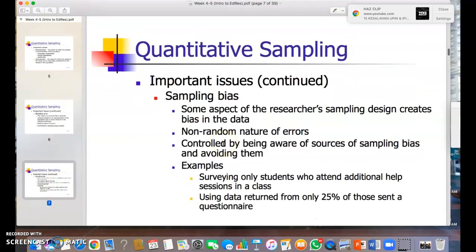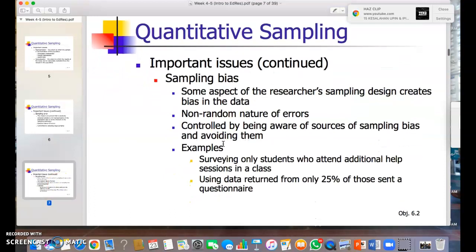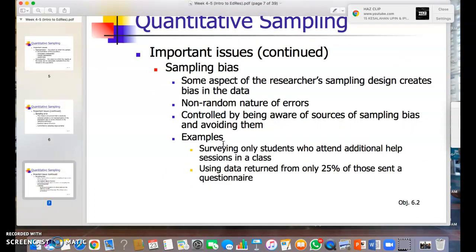Then we also have sampling bias. Avoid sampling bias in your research. Some aspect of the researcher's sampling design creates a bias in the data. For example, surveying students who attend an additional help session in a class and using data returned from only 25% of those sent a questionnaire. So 25% out of 100% is really not appropriate.